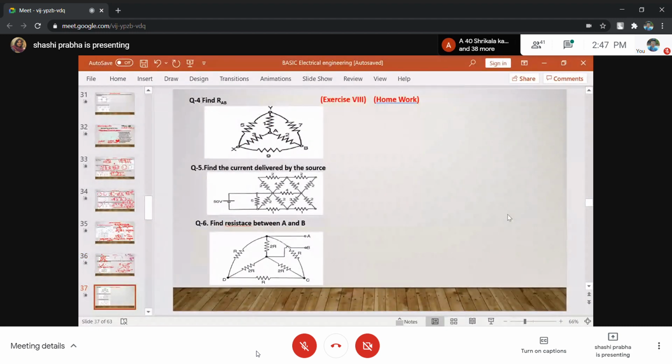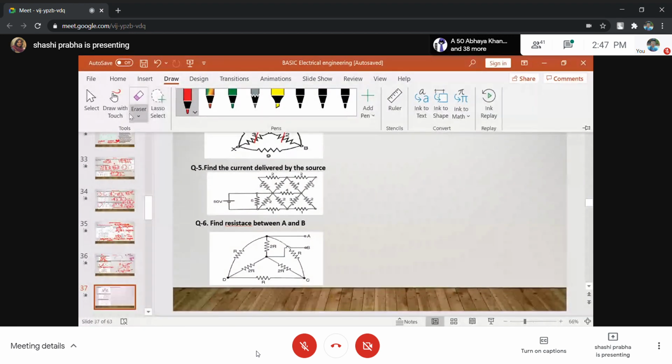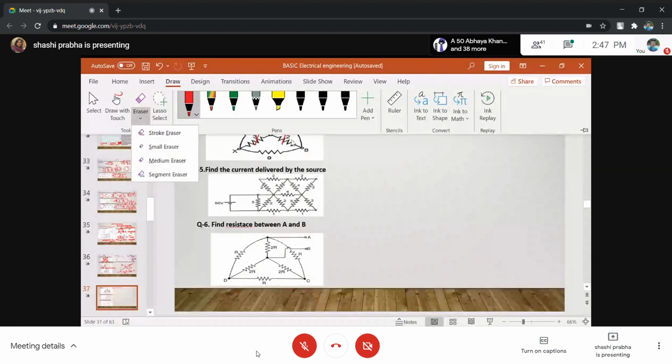इसमें ऐसा नहीं है, इसमें हमने सब different लिए हैं. So you have to convert this star. What is the resistance? Resistance between, this is different numerical. देखो, look at this numerical.